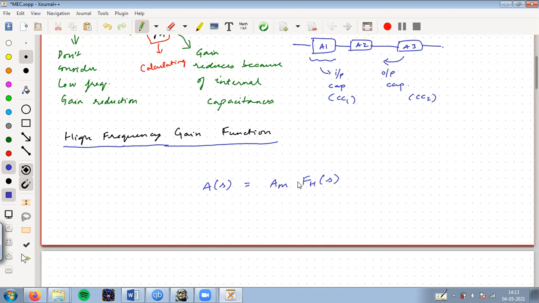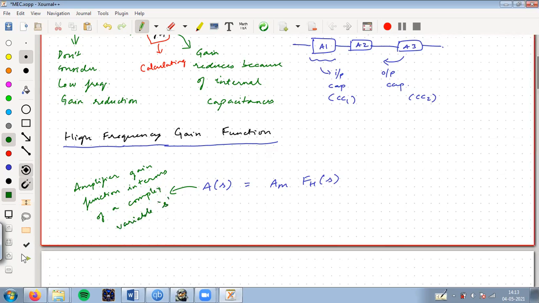Right, this is the expression. A(s) here is the amplifier gain function in terms of a complex variable s.